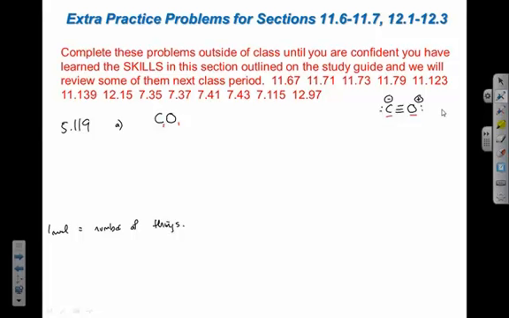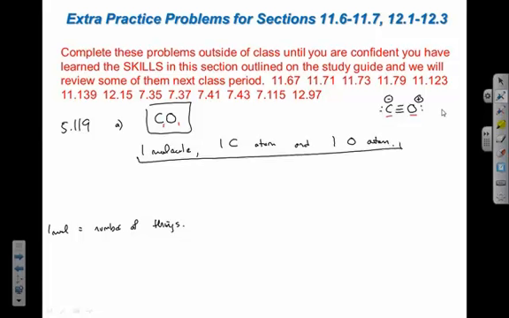So because my formula tells me if I wanted to make 1 molecule, I need 1 carbon atom and 1 oxygen atom, you can think about the formula in this way. If I wanted to make 1 unit of that substance, I need 1 of each atom. If I wanted to make 1 mole of CO, since a mole is just a number of things, to keep the same 1-to-1 ratio, I would need 1 mole of carbon and 1 mole of oxygen.